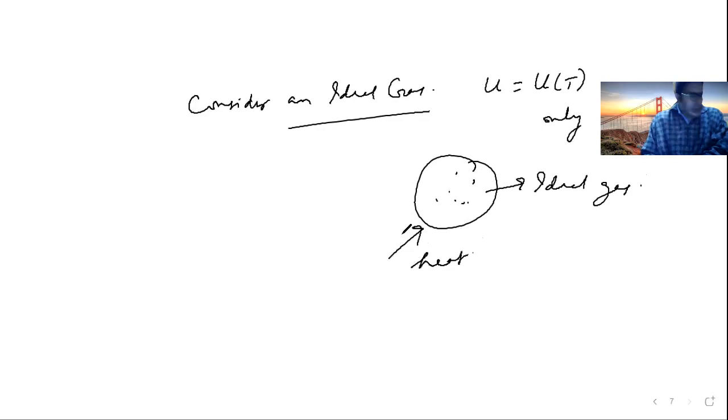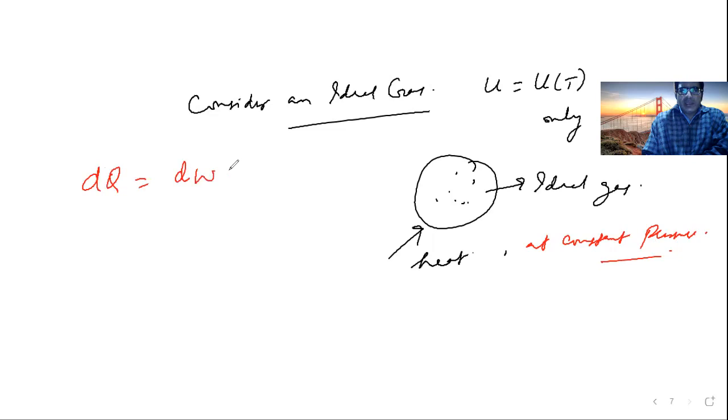I'm putting heat into this ideal gas. If I am heating it at constant pressure, my first law says dq is equal to dw plus du.